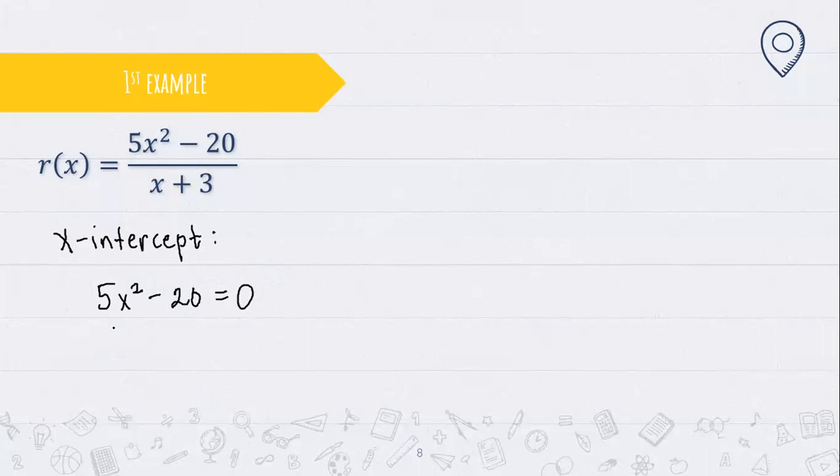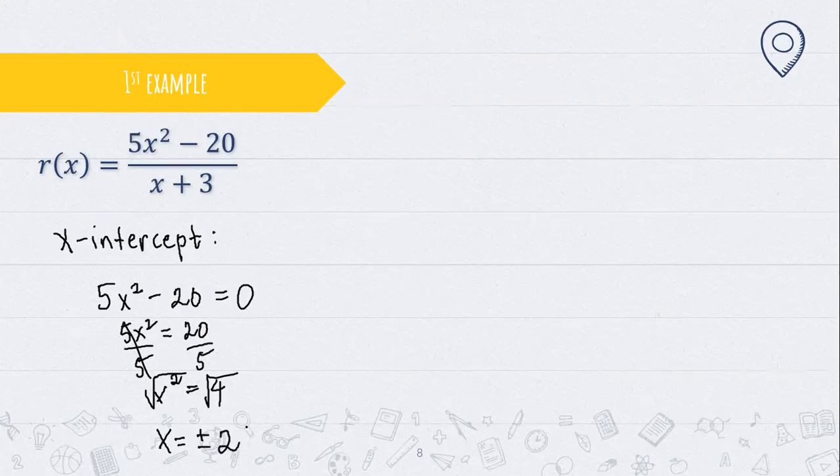Simplify further. Let's have 5x squared, lipat si 20, so magiging positive 20. Divide both sides by 5. Cancel si 5. X squared is equal to 4. Ngayon class, square root both sides. So x is equal to positive negative 2.